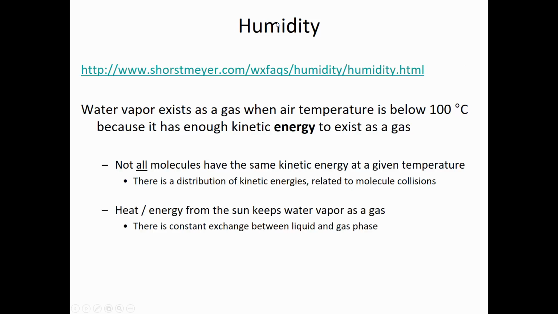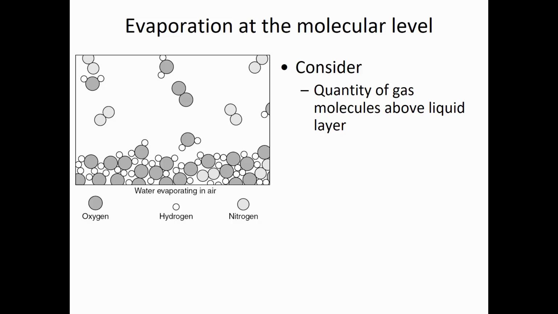And it's the heat and energy from the sun that is keeping that water vapor as a gas. And so the moisture that's in the atmosphere stays in the atmosphere, partly because there's a constant exchange of heat, and so there's a constant exchange between the liquid in the oceans and the liquid in lakes and rivers and the gas phase.